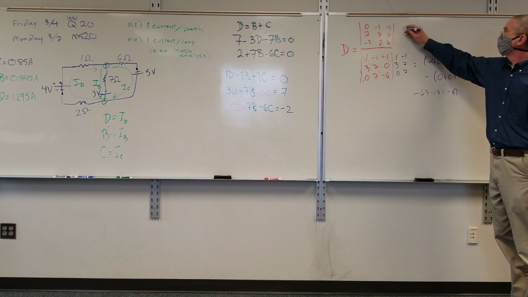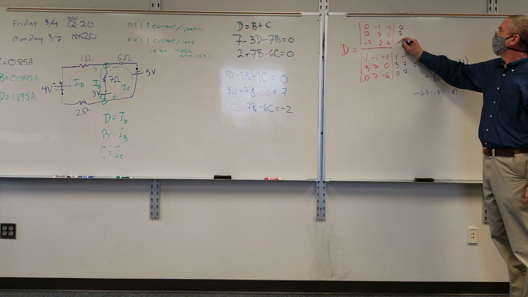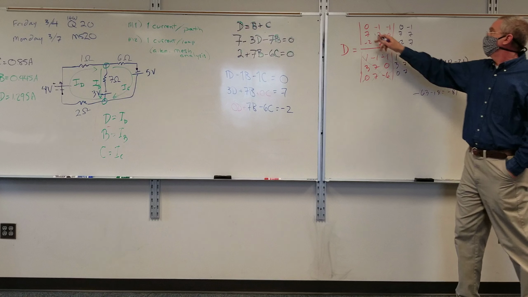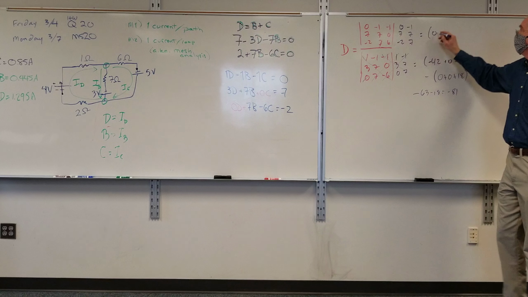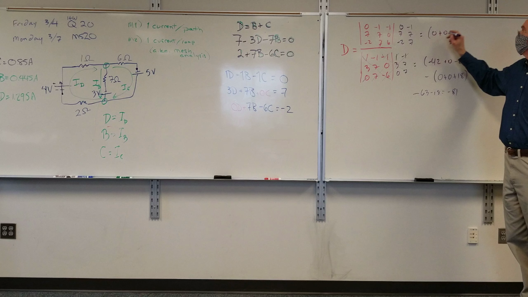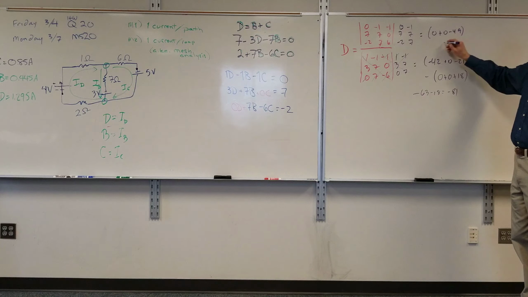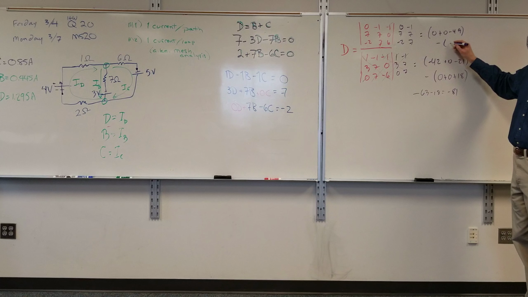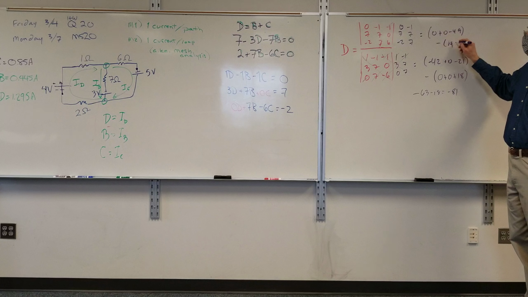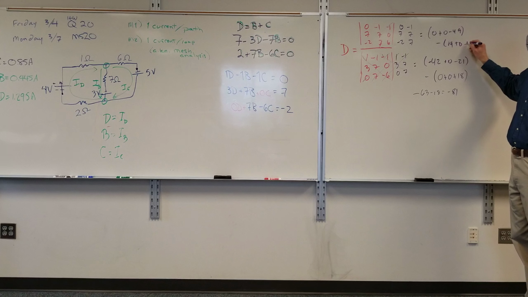Up here, 0, 7, -2, -1, 7, 7. And so I got 0, 0, -49, minus 14 plus 0 minus 42.